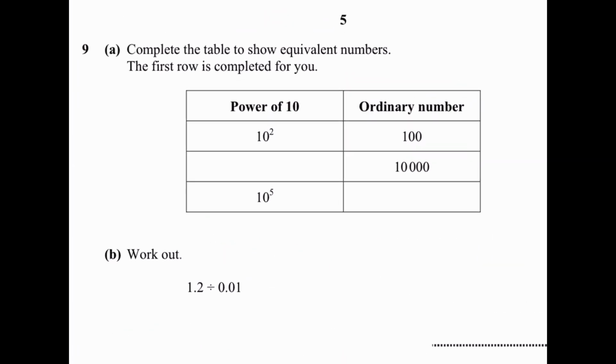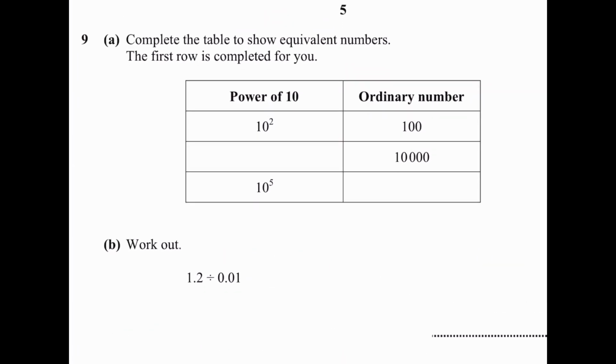Question 9a. Complete the table to show equivalent numbers. The first row is completed for you. These are all powers of 10. Notice that. If you look at the first number, 10 squared is equal to 100. You all will know that. But why is 10 squared equal to 100? The power represents the number of zeros. That is only for powers of 10.